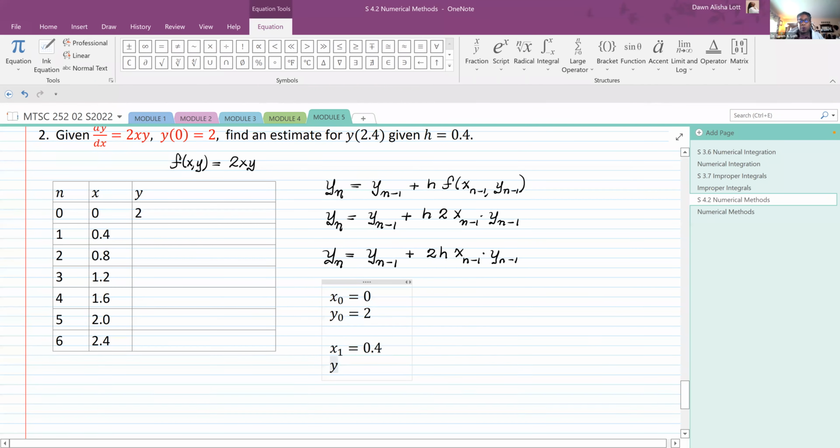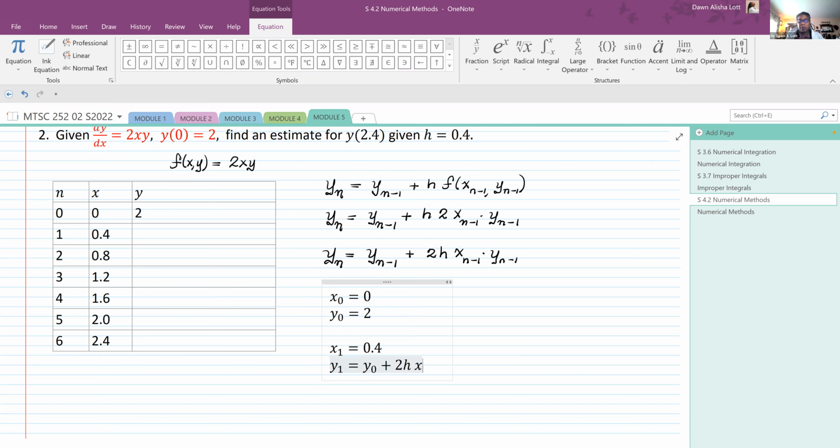So now y1 is going to be y0 plus 2 times h times x0 times y0. Okay, so all I've done is put in n equals 1.